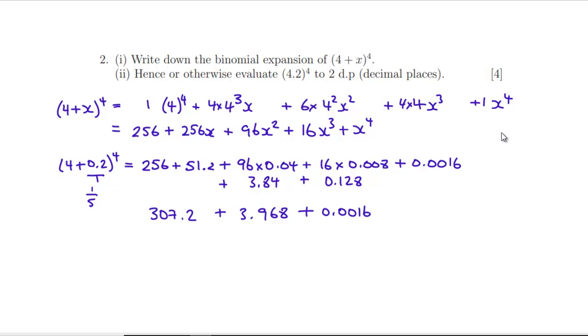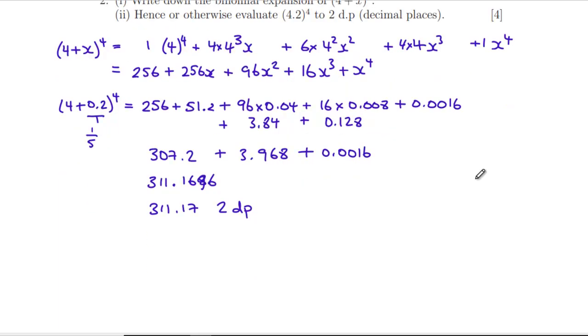So that is going to be 311.168, and then we add on that, so that would be 96 at the end. So to 2 decimal places, we've got 311.17 to 2 dp. That wasn't that bad, but that's the thing with twos. Generally, people are happier with doubling and halving things.